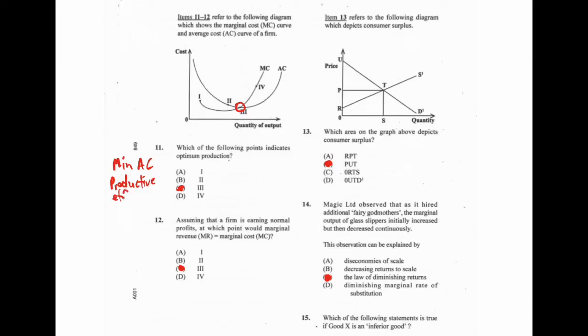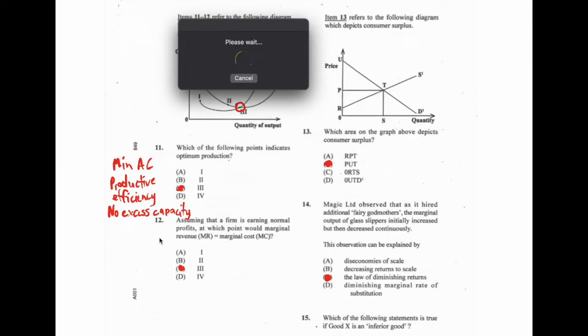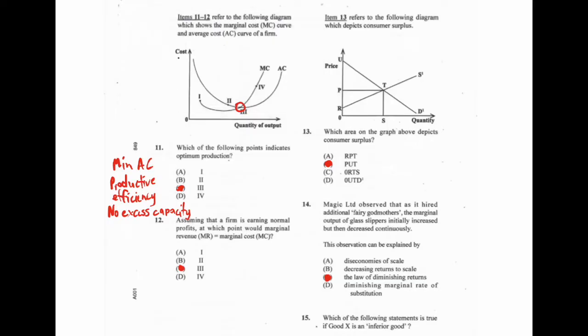Productive efficiency simply means that the producer is making the good at the lowest cost possible with no excess capacity. So that is where optimum production is taking place.